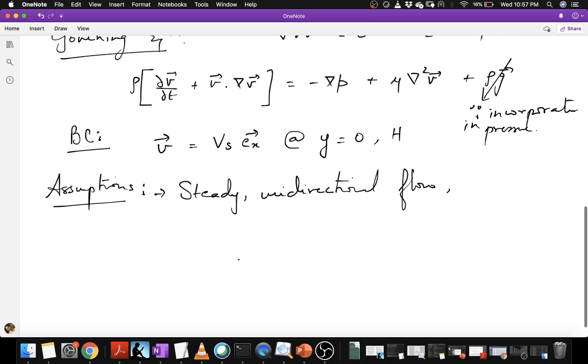Under these assumptions, let's start to simplify our governing equations. What does the continuity equation give us? The divergence of v is 0.